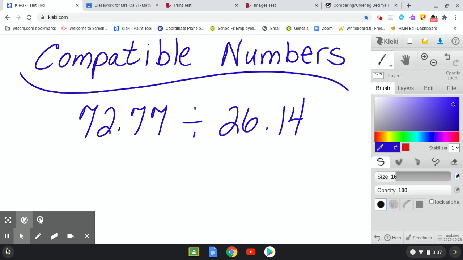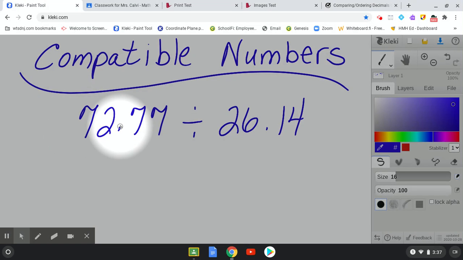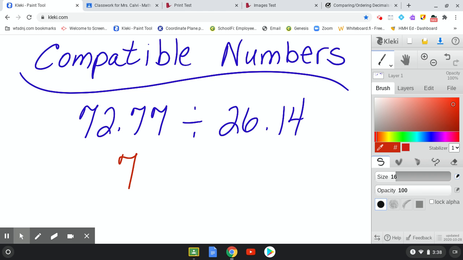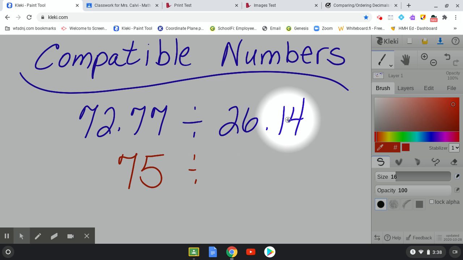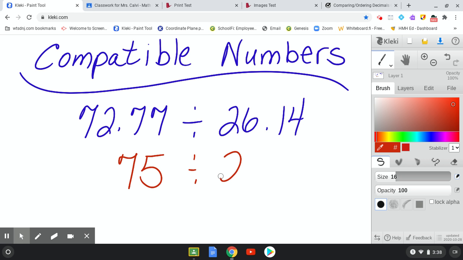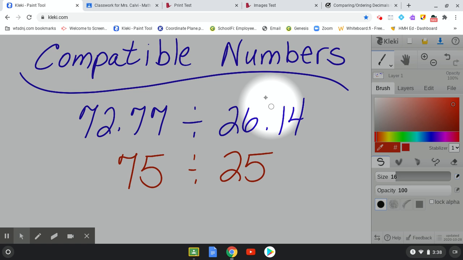So for example, 72.77, I'm dividing by 26.14. Well, if I make this 75, and I make the 26.14 25, so they're still kind of close. This is only 3 off, even less than 3, and this is about 1 off.